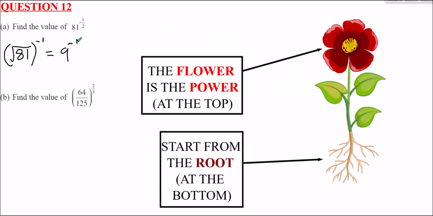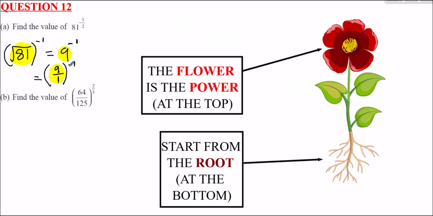So if you've got something to the power minus 1, that's the same as saying it's the reciprocal. So any number can be written as a fraction. I'm going to rewrite 9 as 9 over 1. So the square root of 81 is 9, which is the same as 9 over 1.